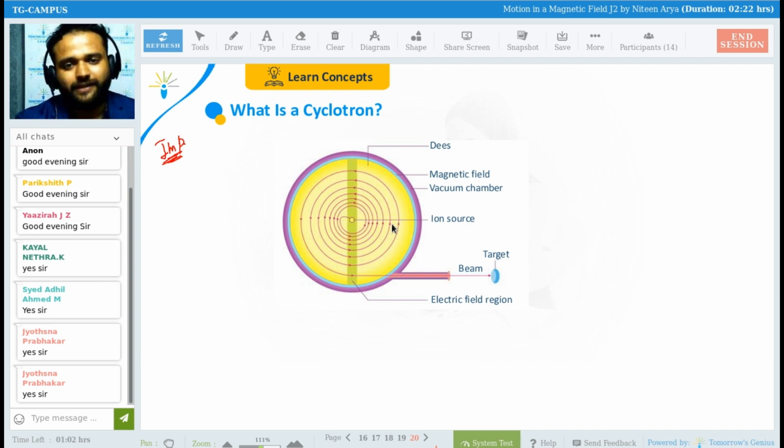It is a device which uses this concept, and with this we accelerate the charged particle.